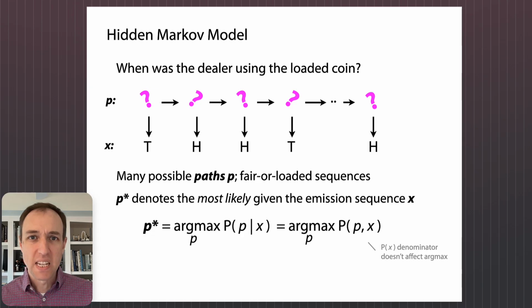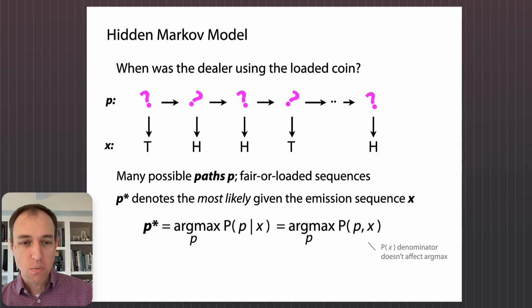So let's just omit it. And if we omit it, what we see is that computing what we originally said we wanted to compute is really just the same thing as computing the path that maximizes the joint probability of the path and the emission sequence. This is the mathematical problem we would like to solve.